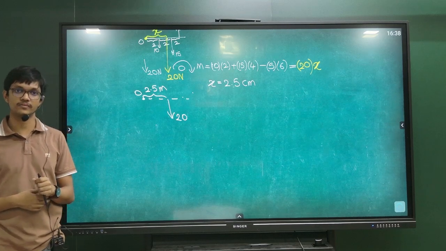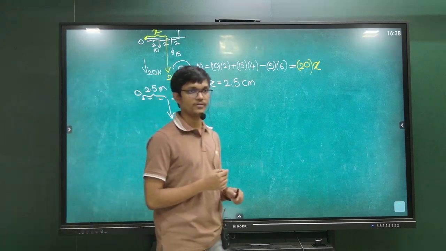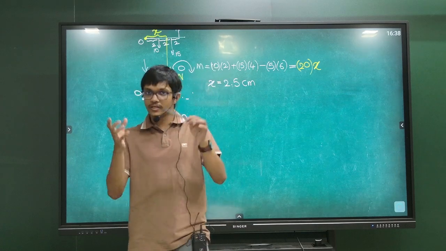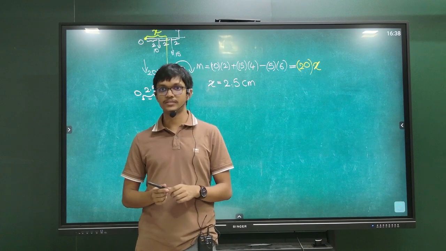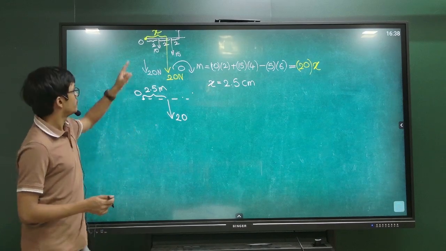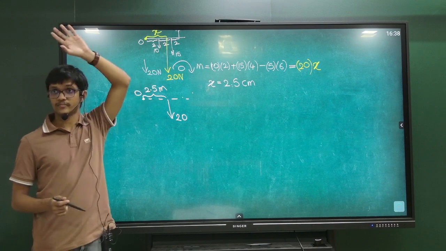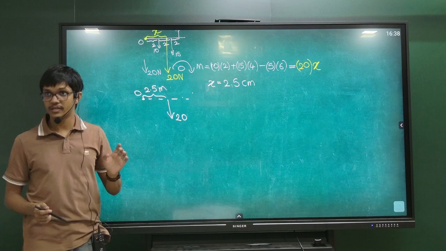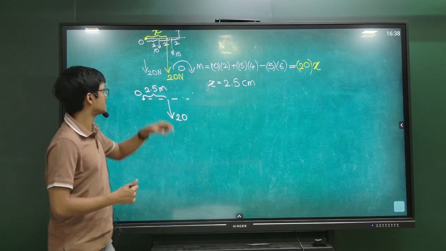What is center of gravity? Center of gravity is the place where the total weight of a system is combined. Is that clear? That means, here there was a set of forces, and this is the place where the whole resultant force is acting.